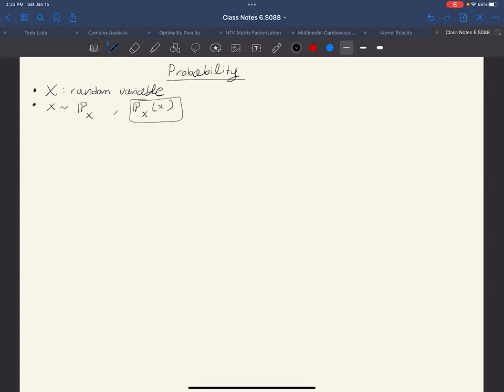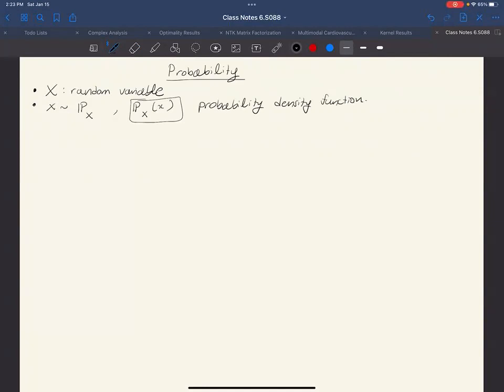This is the probability that capital X equals little x. If X is a discrete random variable, this is called a probability mass function, PMF. If X is continuous, we'll write it as a probability density function, PDF.